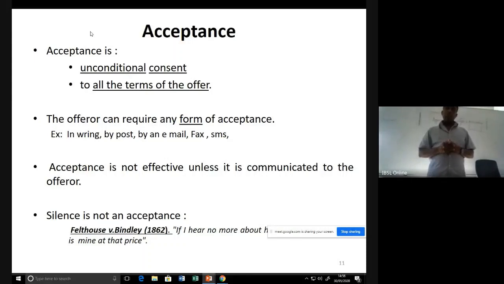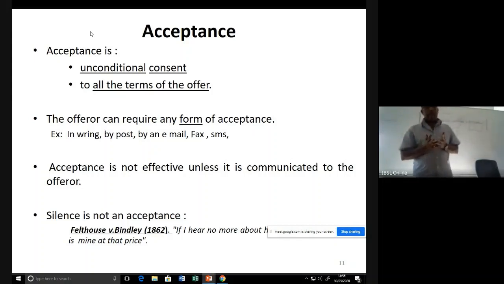Nimal says, okay, I'll buy for 5 million, but I will buy your tractor, but not the trailer. I don't want a trailer, I have a trailer. So therefore, I only want the tractor. Can I accept? I will accept your offer.